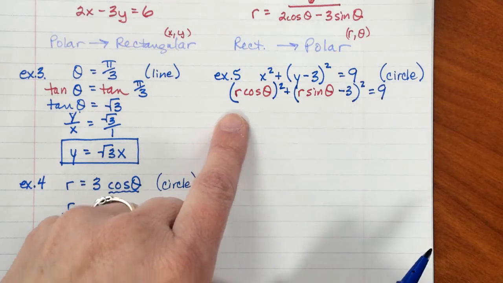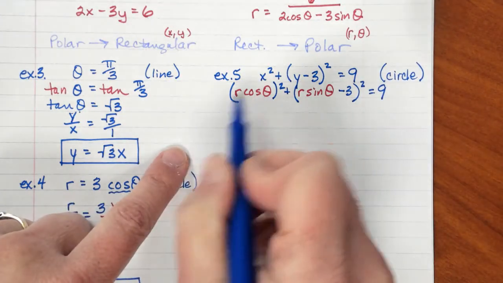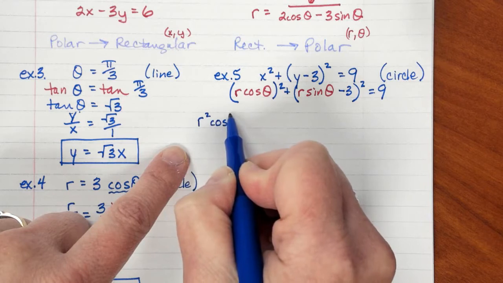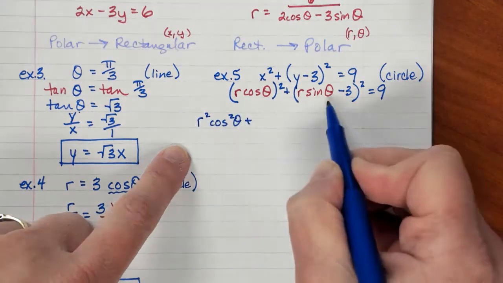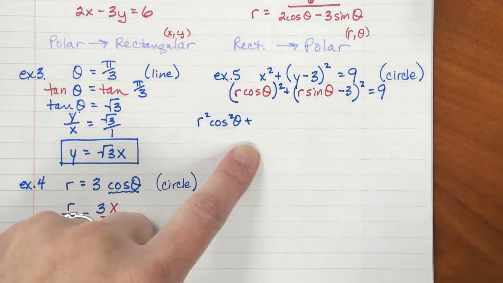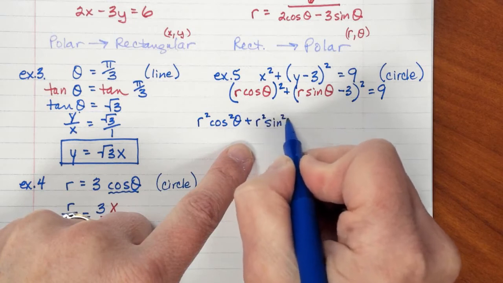Now it takes a little bit, but you have to FOIL that out, and you can do that. This one will be r squared cosine squared. All right, now this is the one that we're going to have to FOIL out, right? So this will be r squared sine squared.